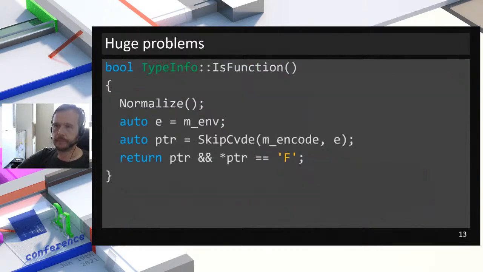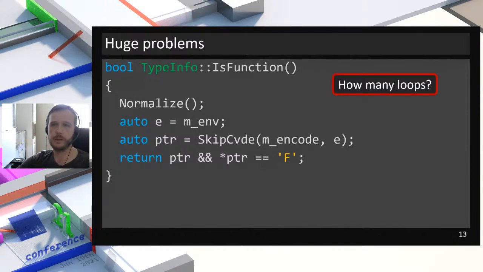Well, let's see. Here is code from our code base. From that type-info member is function, which is supposed to produce a quick exit if we don't have a function. And now a question here is how many loops do we see in this code?